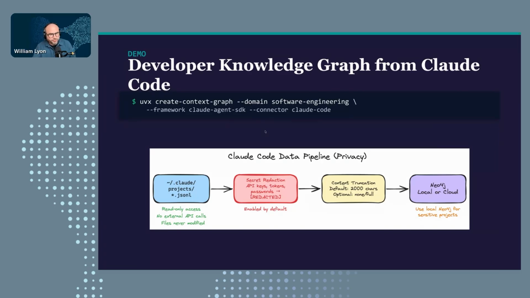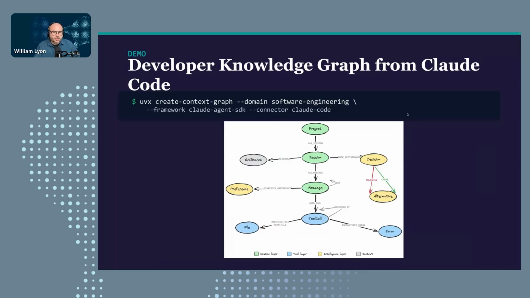pull in real data. For Claude Code, for example, the connector works by parsing the JSONL session files that we have locally on our machine. We'll parse those into a context graph and look at the graph structure of the sessions that we've had with Claude Code, right?